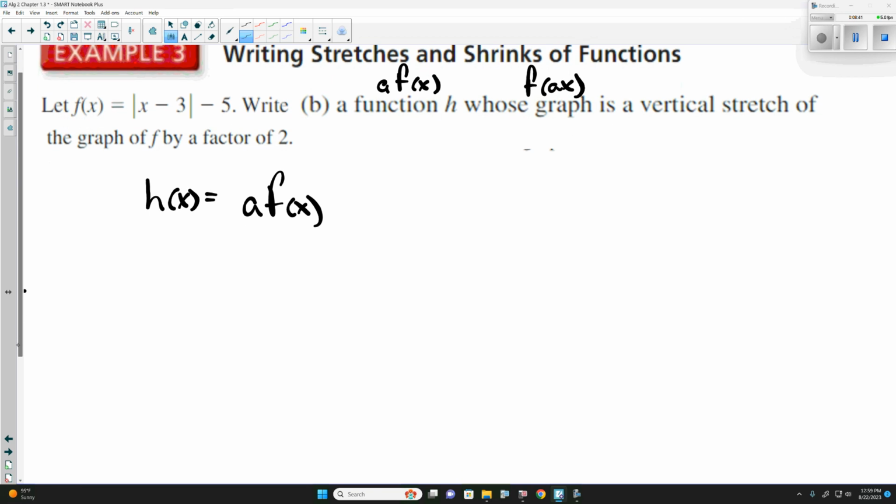Any questions on this so far? Now the next thing we need to do is find the value of a. In this case, a would be what? How much are we stretching it by? 2. So the value of a is 2. So we'll say 2 times f of x.